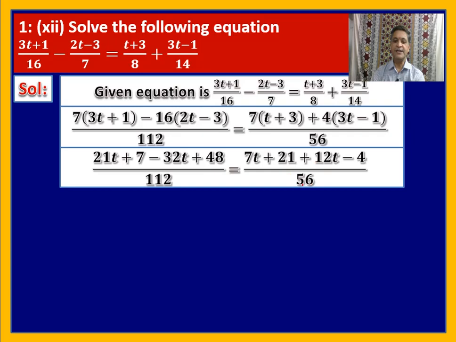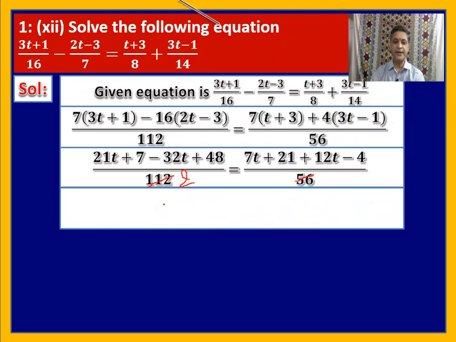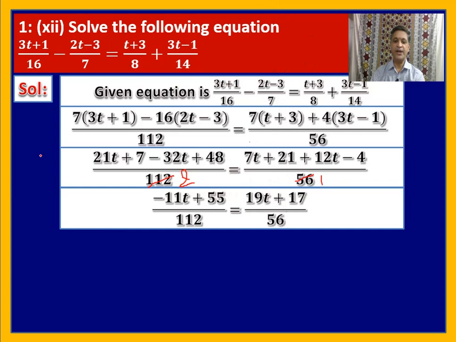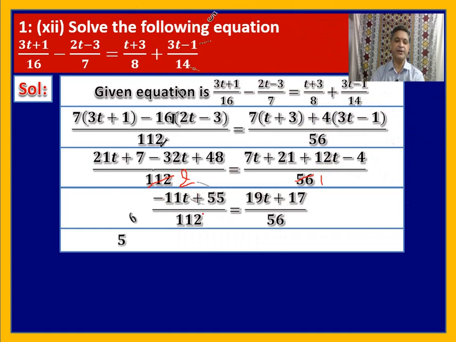Here 56 is half of 112. You cancel this 56 in 112 2 times. Then by cross multiplication you get by simplification numerator as minus 11t plus 55.